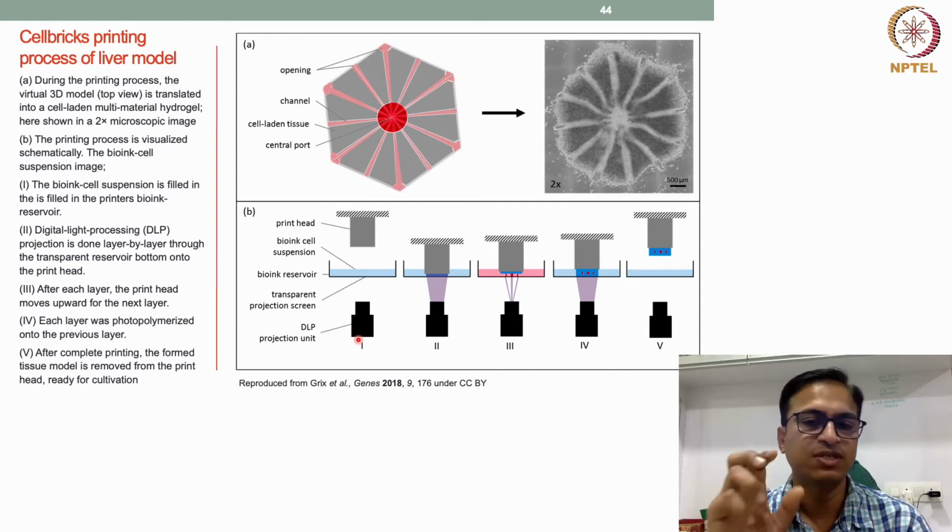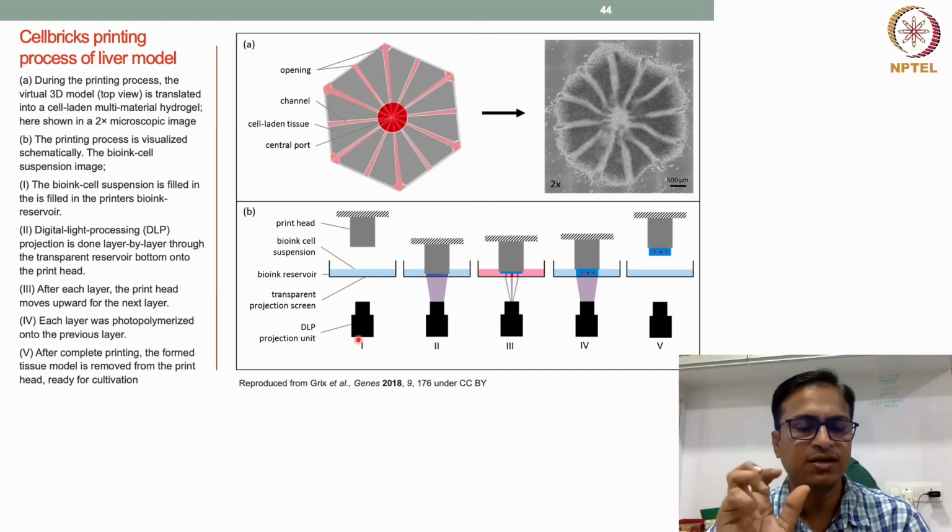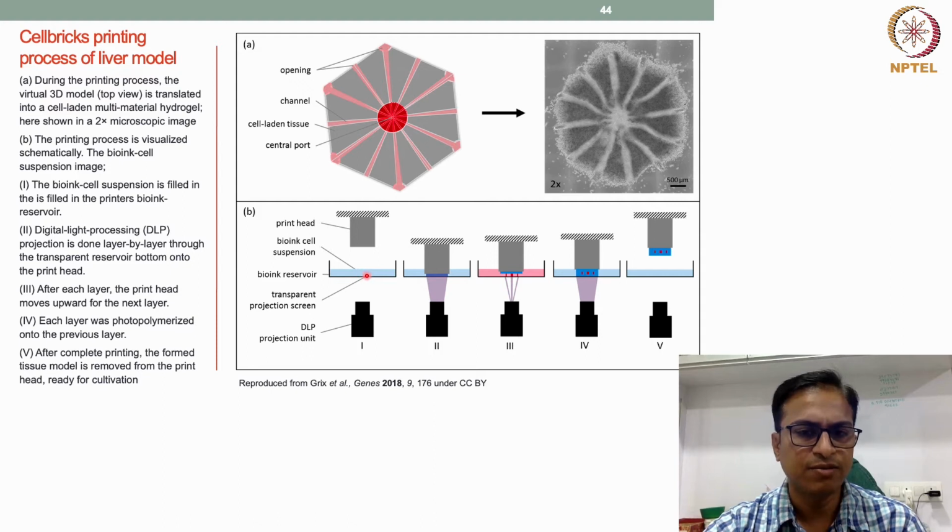this DLP projector projects one whole layer at a time. First the printhead will be lowered, leaving a very fine gap between the printhead and the bottom of the reservoir, and the DLP unit is on.